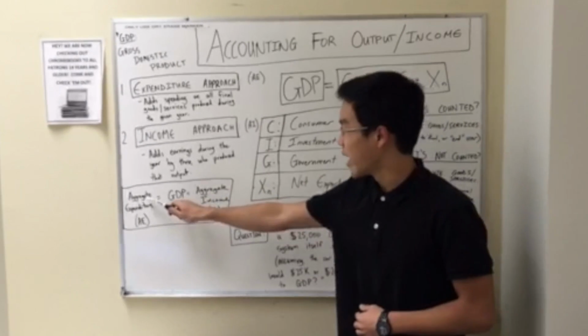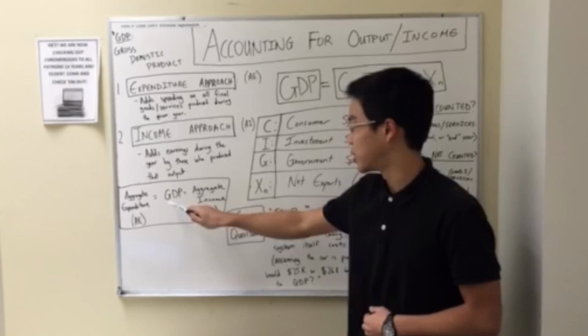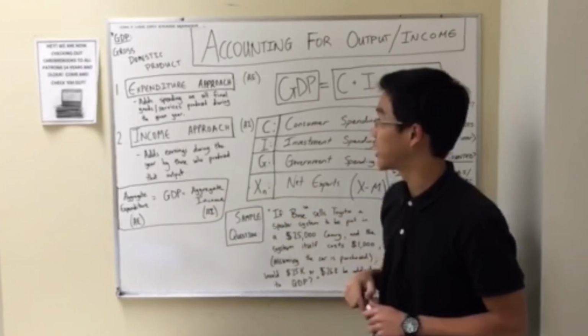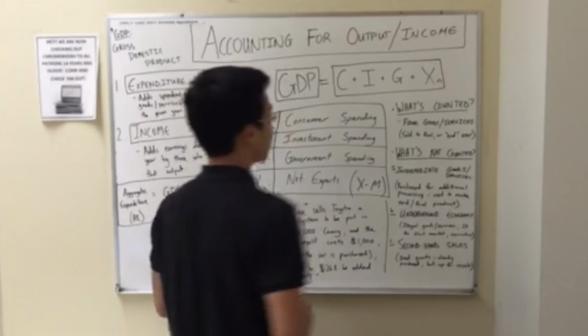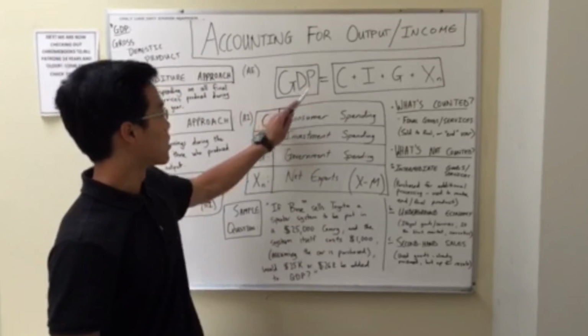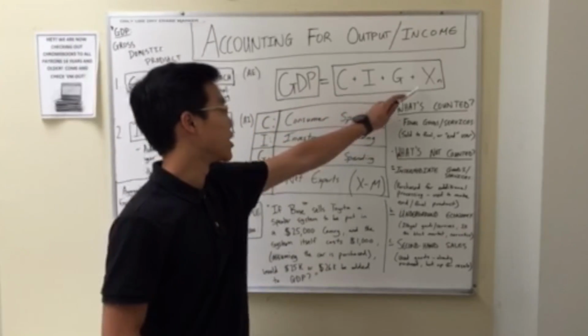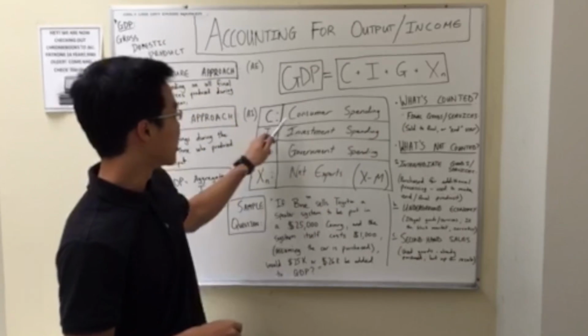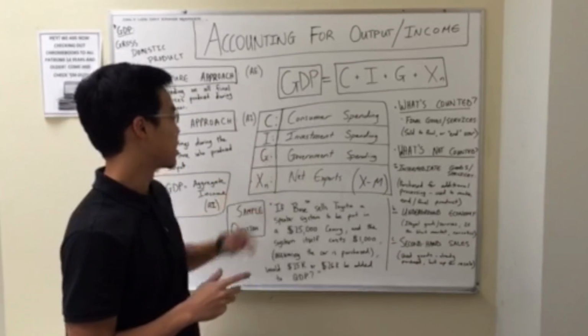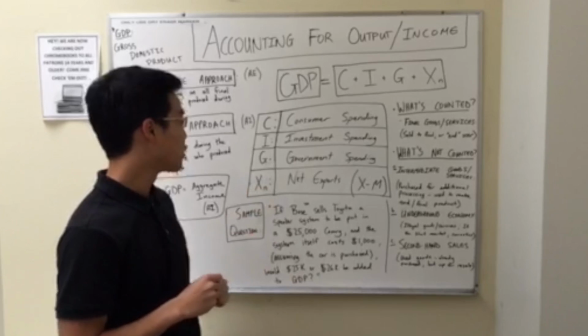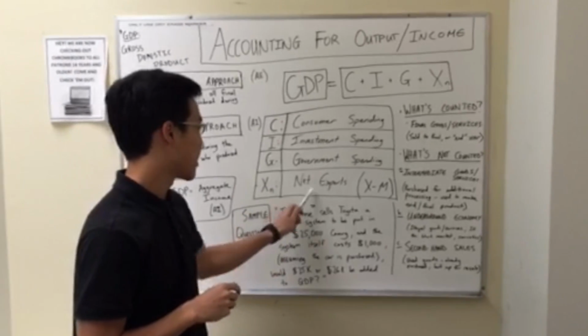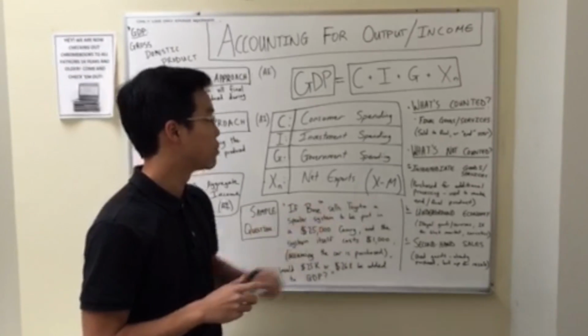So as you can see, aggregate expenditure equals GDP, which also equals aggregate income. The simple equation for GDP is C plus I plus G plus XN, where C is consumer spending, I is investment spending, G is government spending, and XN is net exports or exports minus imports.